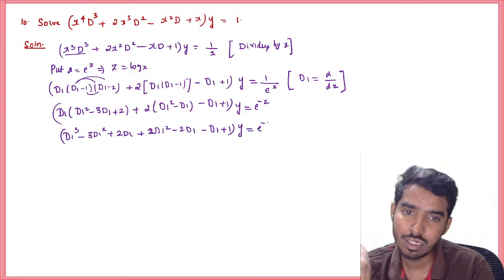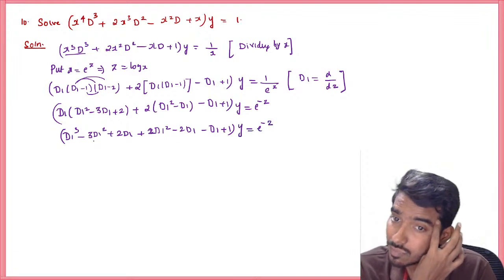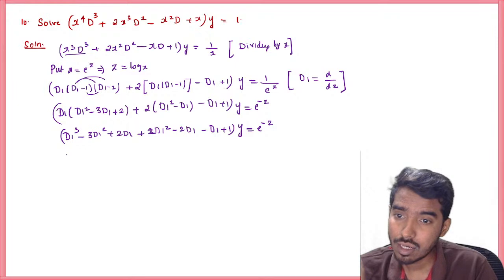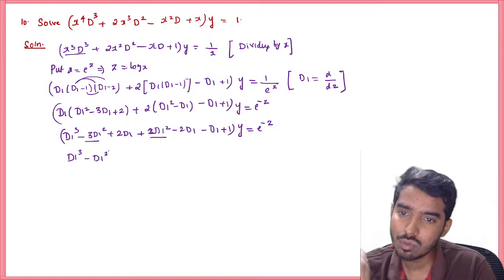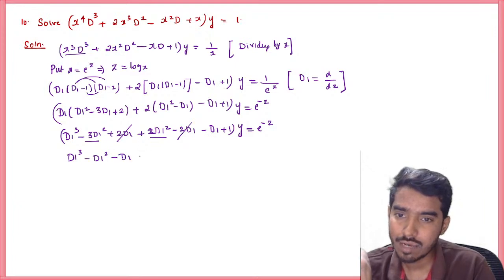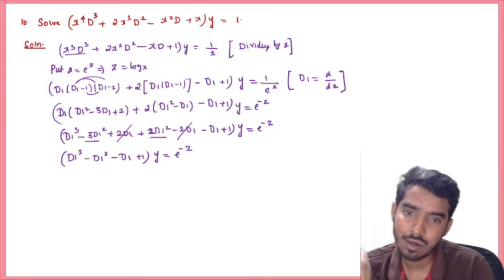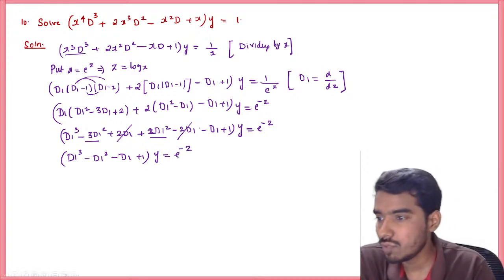So D1 cube, minus 3D1 square plus 2D1 square gives minus D1 square, the 2D1 gets cancelled, so we have minus D1 plus 1 of y equal to e power minus z.